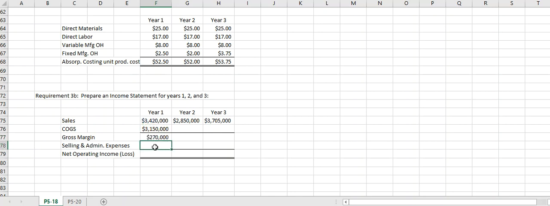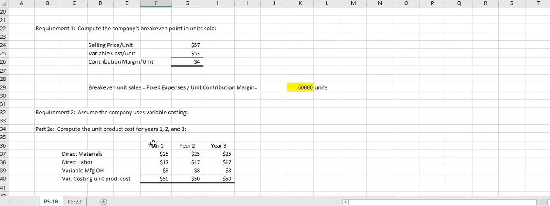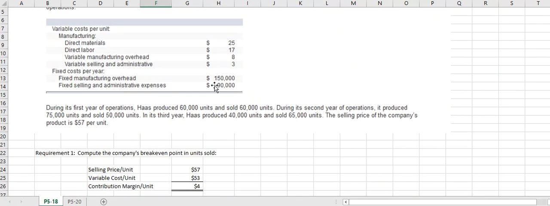Our selling and administrative expenses, let's see, I believe they were $3 a piece. Let's see. Oh, $90,000 was the total.